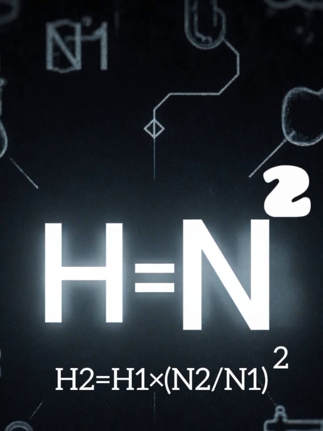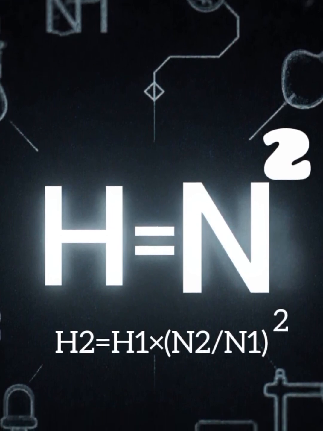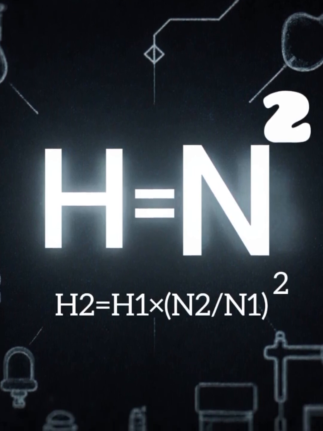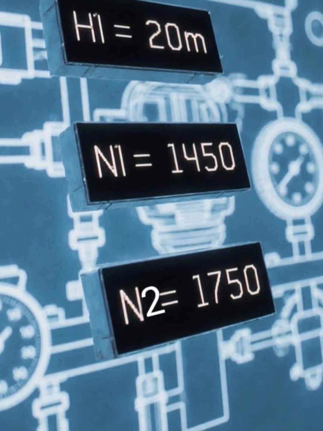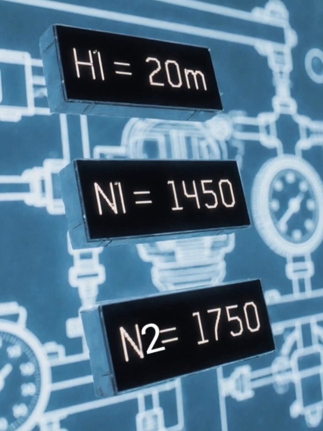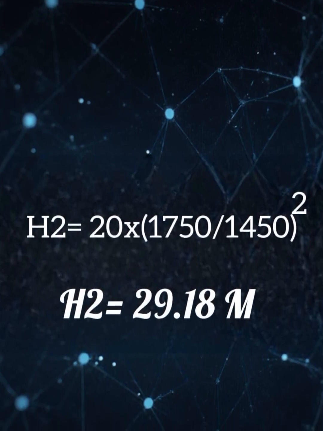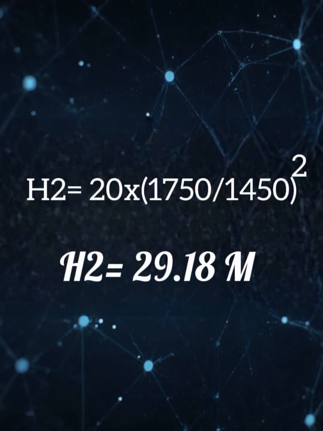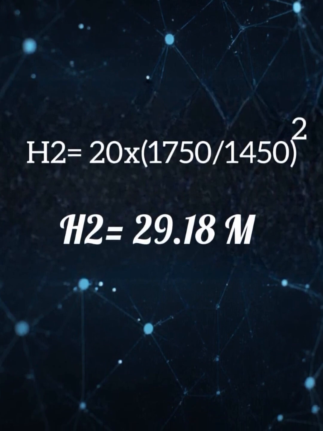The formula states H2 equals H1 times N2 divided by N1, the whole power 2, relating initial and final head, H, to speed, N. Given an initial head, H1, of 20 meters and speeds N1 and N2 of 1,450 and 1,750, substituting these values into the formula, H2 equals 20 times 1,750 over 1,450, the whole power 2.